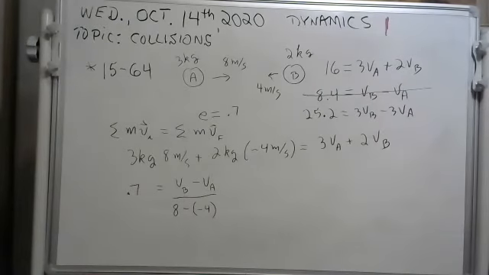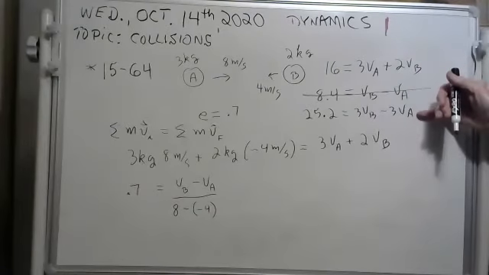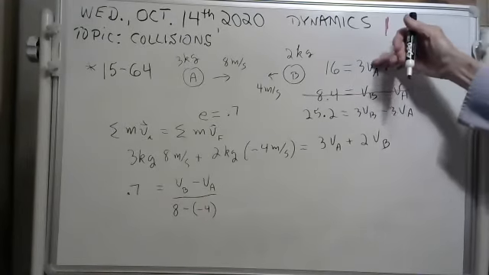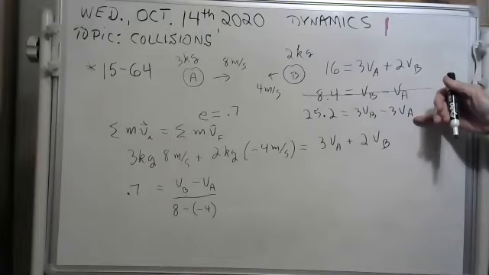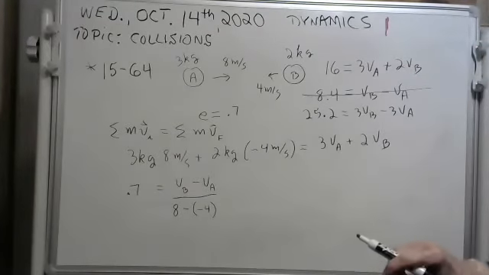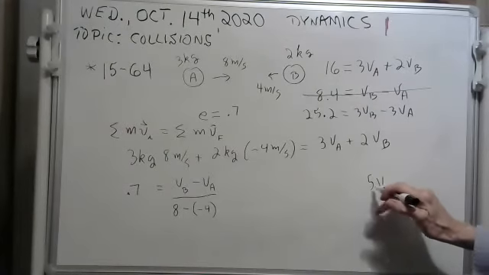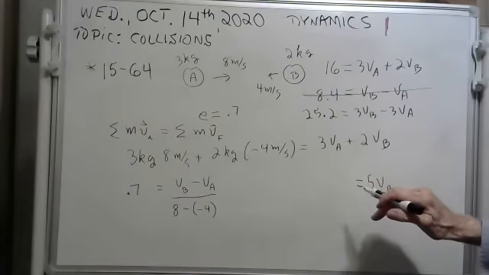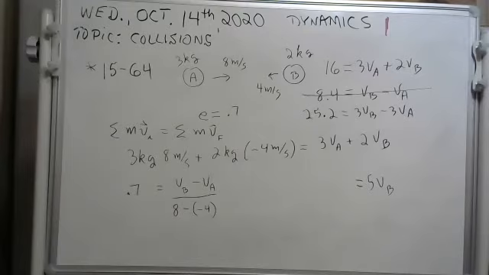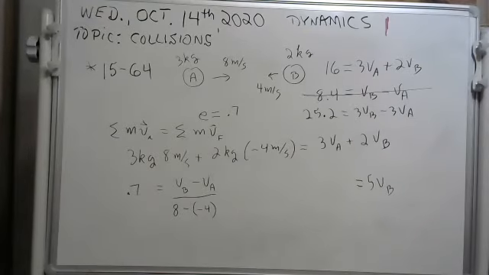Just forget it. Now, if you add these 2 equations, the 3VA and the minus 3VA go bye-bye, and you get 5VB. So you have 5VB equals whatever 16 plus 25.2 is.